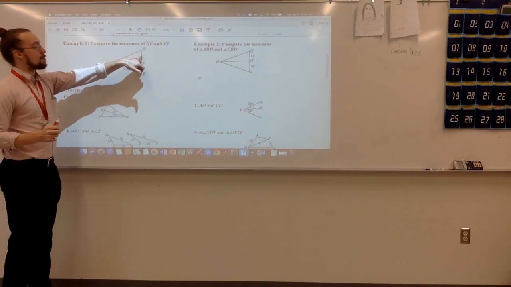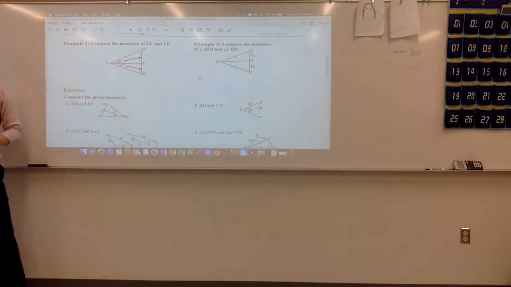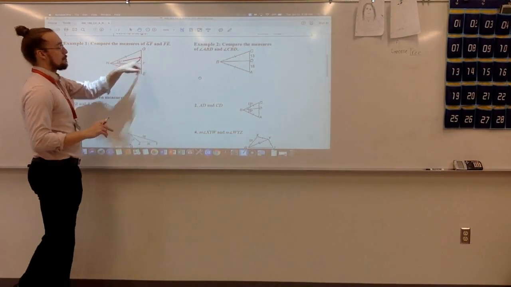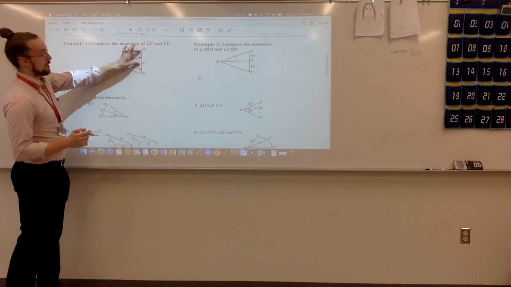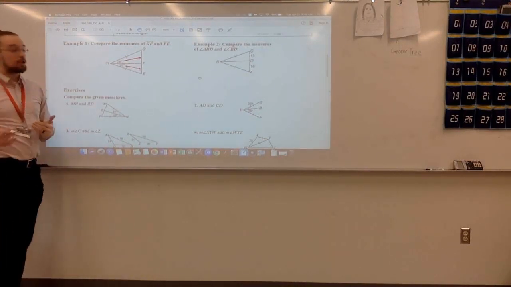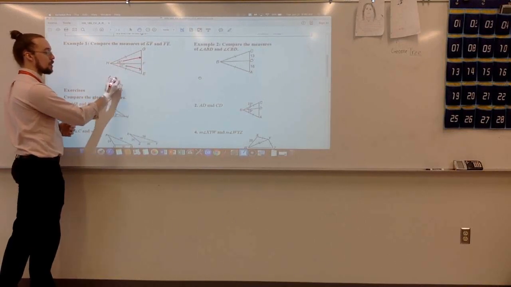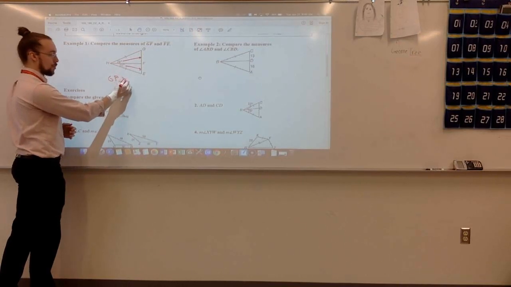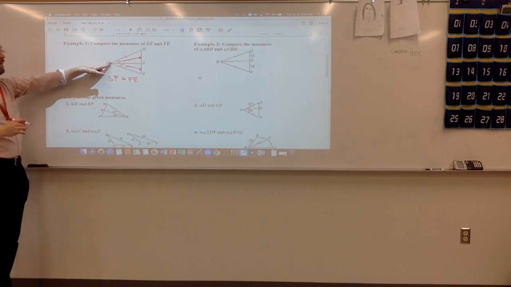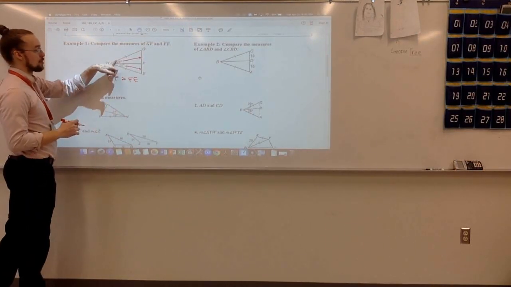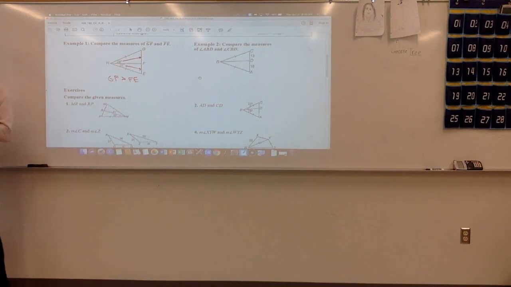The angle that's opposite GF is larger than the angle that's opposite FE. Therefore, the actual length of GF is larger than FE. So all we're going to do is write an inequality and say GF is greater than FE, because the angle that's opposite GF is larger, the length of GF is also larger.